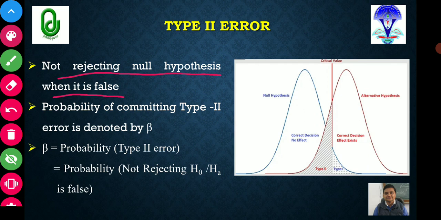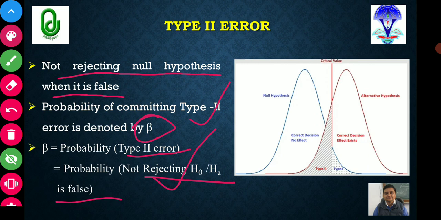That means you have committed again a mistake, and that mistake is known as type 2 error. Here you can see the probability of committing type 2 error is denoted by beta. So type 1 is denoted by alpha and type 2 is denoted by beta. Beta is the probability of committing type 2 error, the probability of not rejecting a hypothesis which was false.